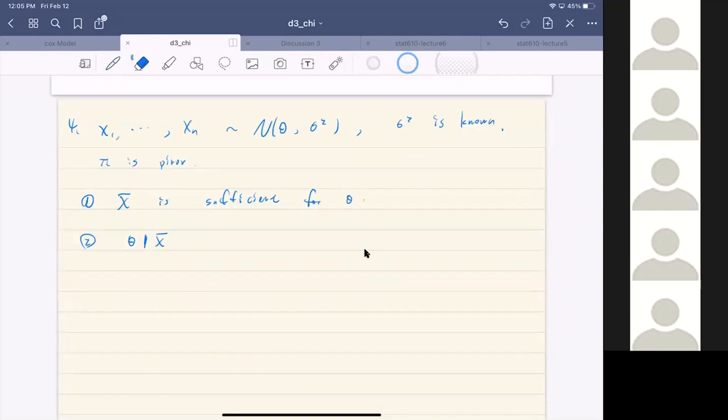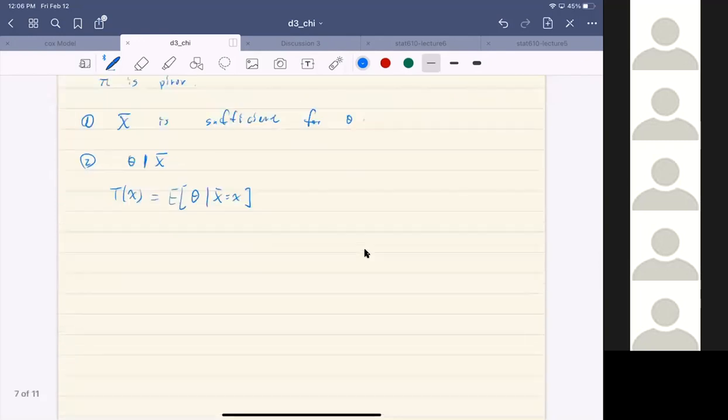So the T of x should be this, and this one is equal to the integral of theta times the posterior distribution, pi of theta condition on S bar equal to x, d theta.